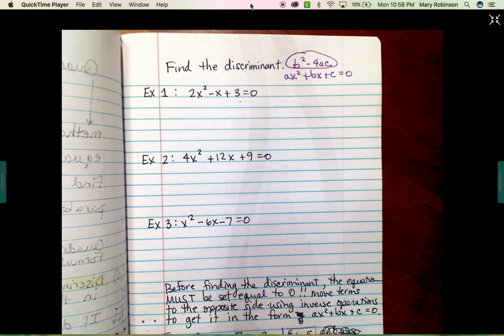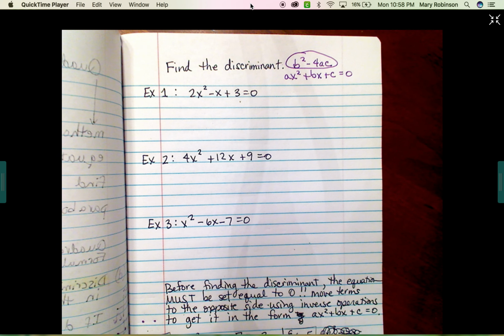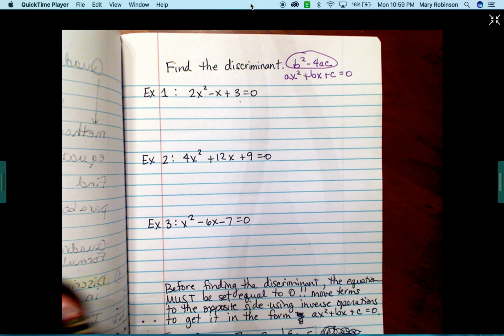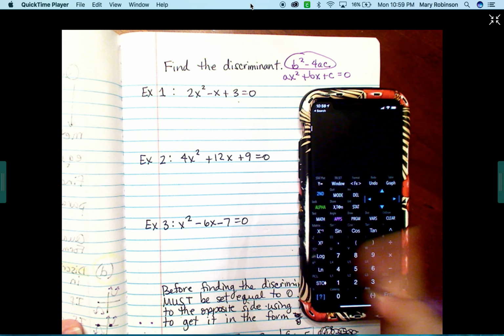So I'm going to show you on the Calculator X app as well as on a graphing calculator. So I'm going to get my phone ready here with my Calculator X app. I'll keep that handy. So b squared minus 4ac, things we need to know. First, you should always define that your a value in this case is 2.